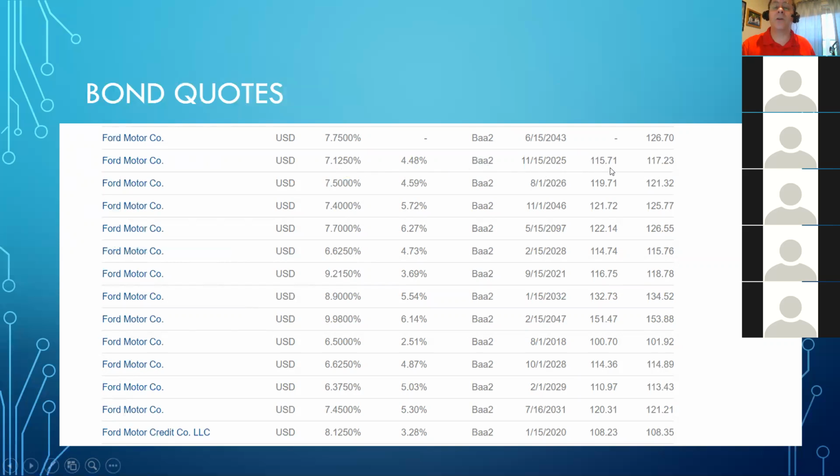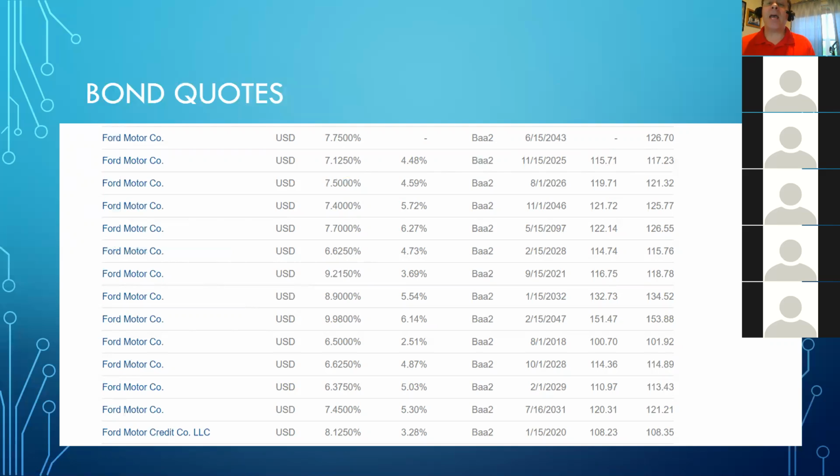These bonds, or the amount that would be borrowed, would be 115% of their face value. So for instance, if this were originally a face value of 1,000, we would actually be loaning Ford $1,157.10.